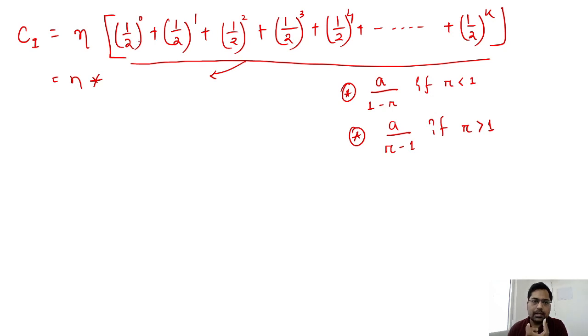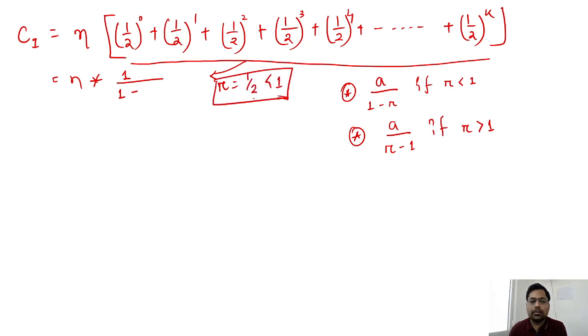See here, what is R? R is 1 by 2, because 1 by 2 is getting multiplied. So AR to the power 0, then AR 1, AR to the power 2, AR cube, like this. Here A is 1, and R is 1 by 2, which is less than 1.